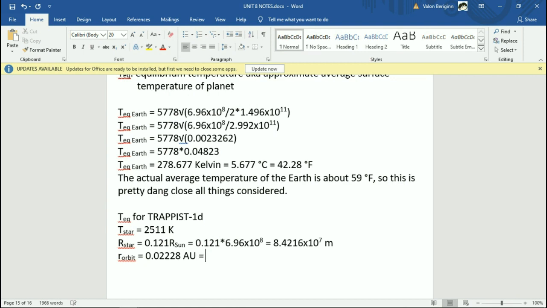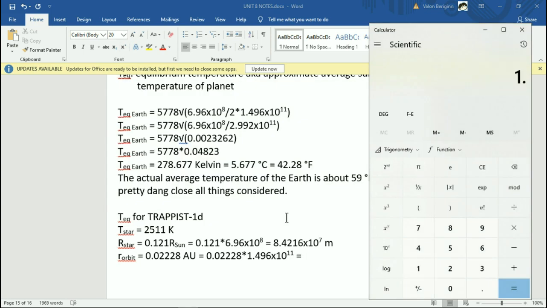So we have to therefore convert this to meters: 1.496 times 10 to the 11 times 0.02228. I'll just use 3.333, so that's 10 to the 9? Yes.